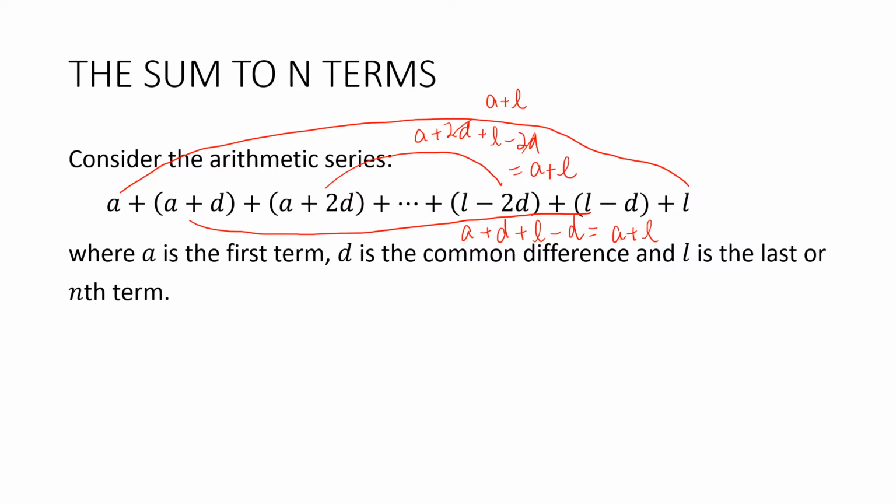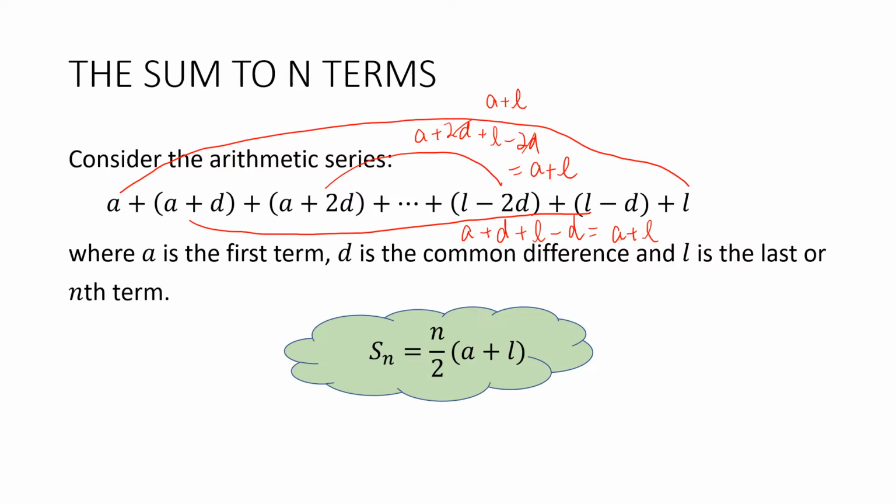And altogether, there will be n divided by 2 pairs. So there's our formula. Sn is equal to n over 2 multiplied by A plus L.